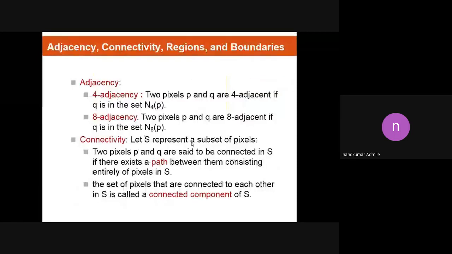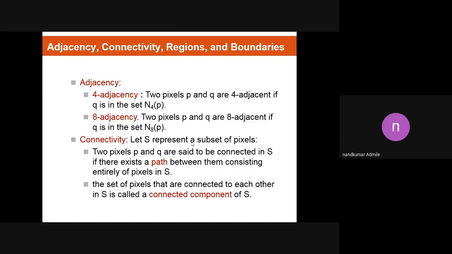In order to measure the distance between two pixels, we have to consider 4 important points. One is adjacency, next is connectivity, third is regions, and fourth is boundary. Now the first point, adjacency. In the previous slide we covered adjacency, that it might be 4 connectivity or 8 connectivity.